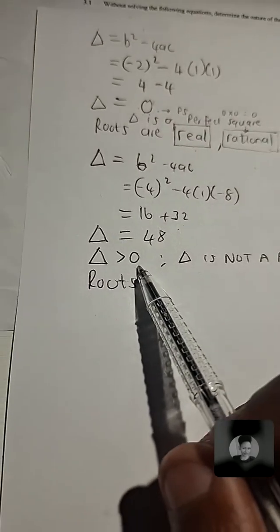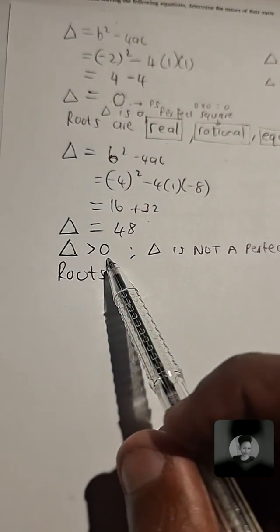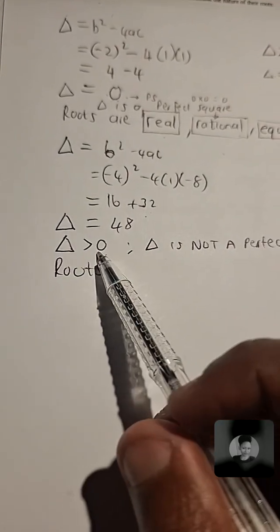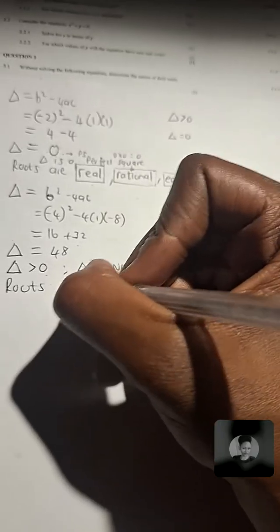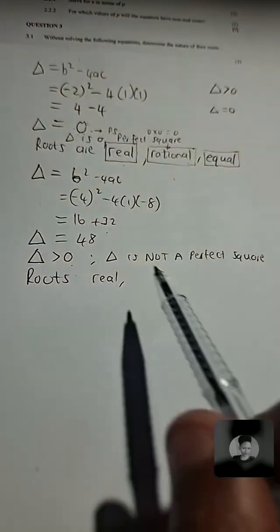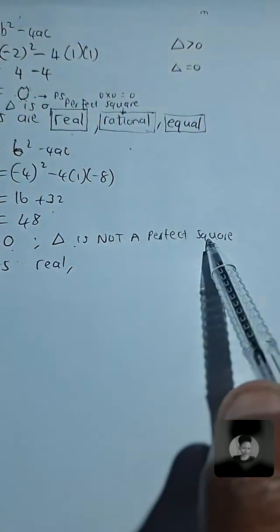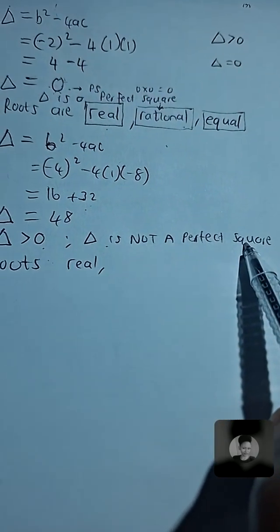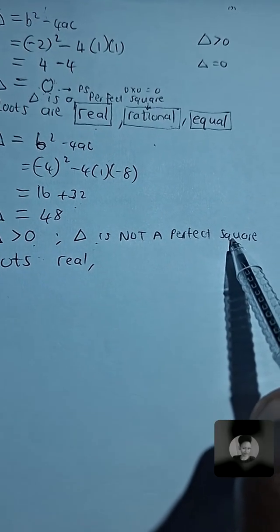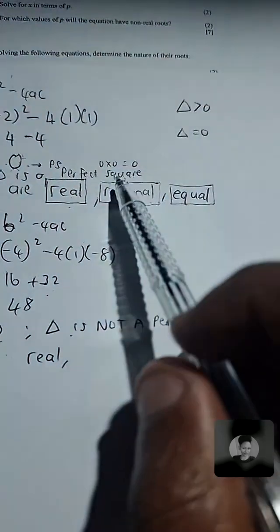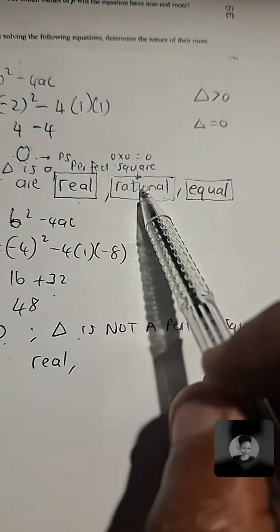So what can we conclude about the roots? If delta is greater than 0, does that mean the roots are real or non-real? They're real. Two, if delta is not a perfect square, are the roots rational or irrational? Remember, when it was a perfect square, the roots were rational.